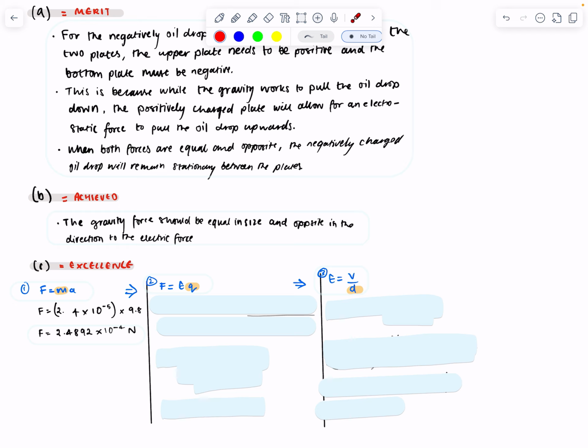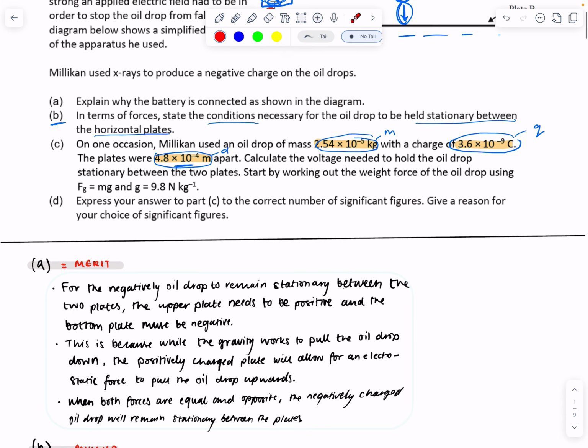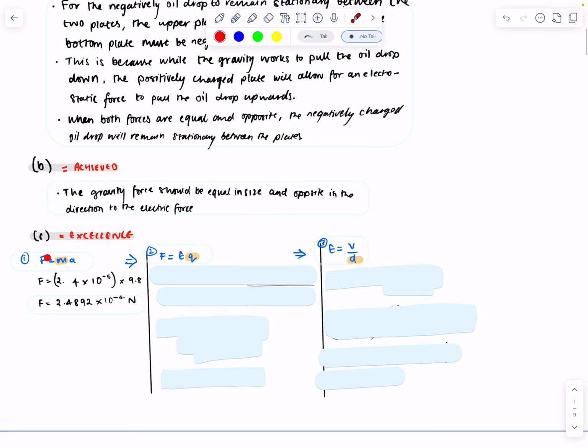The reason we can plug our downwards force into the upwards electrostatic force is because these two are equal, remember? According to this diagram, the downwards gravitational force is equal to the upwards electrostatic force. That's why we can plug this F value into this equation.